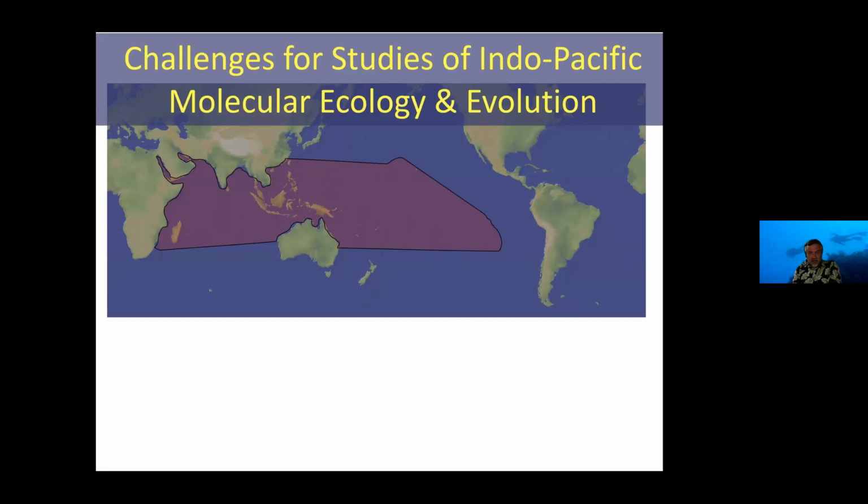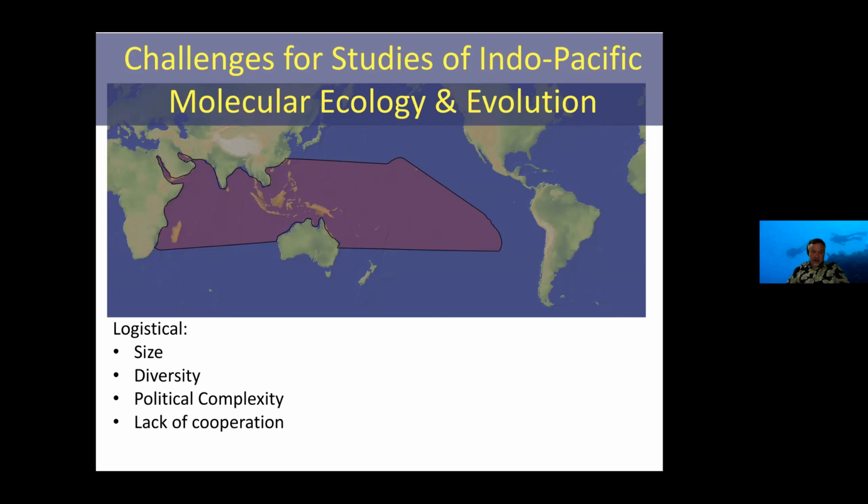And so there are numerous challenges for the studies of the Indo-Pacific, and I'm just going to focus here on molecular ecology and evolution. The first set of challenges are logistical. First of all, its sheer size. Second, its diversity, its political complexity, and the general overall lack of cooperation that has occurred, at least in the past.